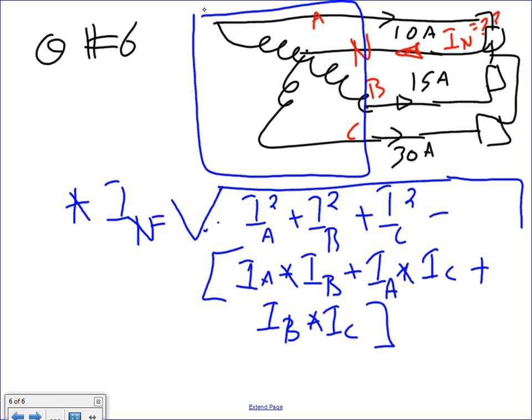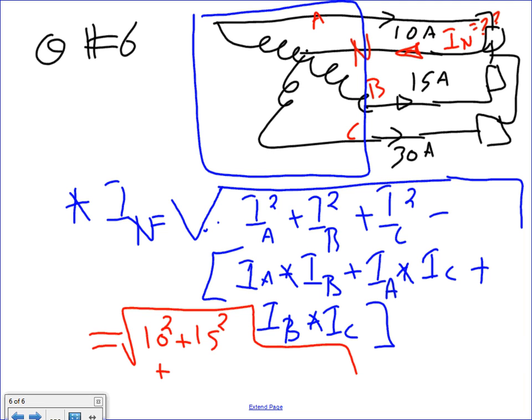I'm going to use red, so it's equal to the square root of: the first one is 10 raised to the power 2 plus 15 raised to the power 2 plus 30 raised to the power 2 minus, in my case here, 10 times 15 plus 10 times 30 plus 15 times 30.